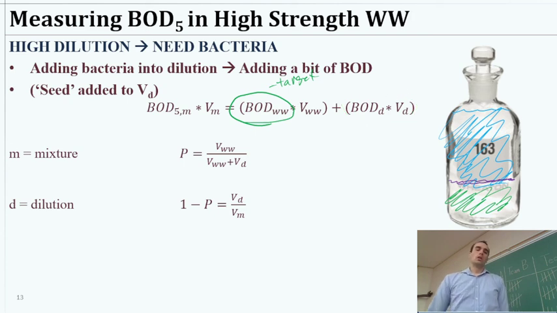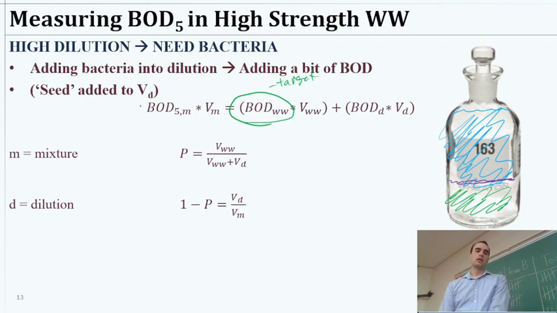And so typically what we'll do is measure just the dilution water itself with the seed in it to see how much BOD is in that, and then separately we'll do the mixture with the wastewater, or maybe river sample water, whatever the sample is, and those two combined to check that.